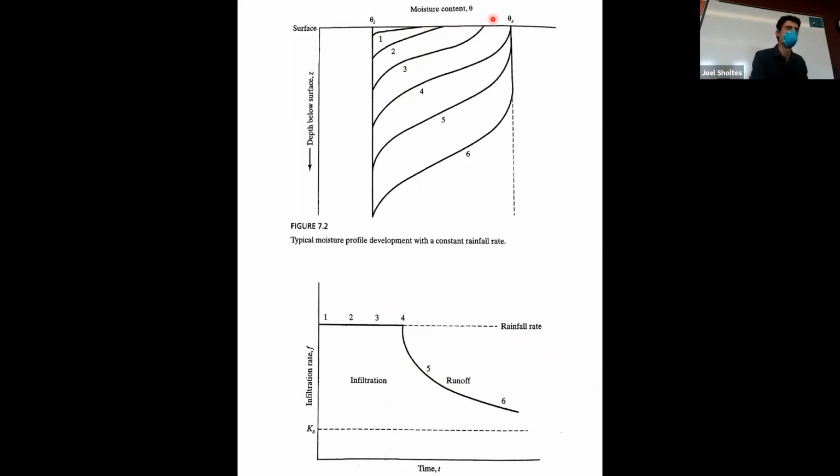It's raining, closer and closer to saturation. At time 4, we hit saturation. Now we are starting to cause runoff, and you can see this is kind of the moisture front going down through the soil column. So here we're saturated at this depth. Now we're saturated at a deeper depth, and a deeper depth, and that saturation front moves down. So that's what's happening inside of the soil column.